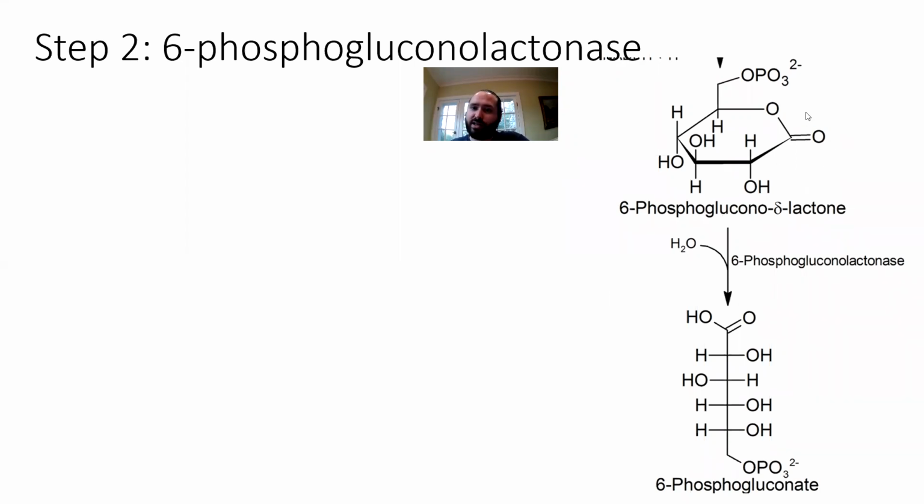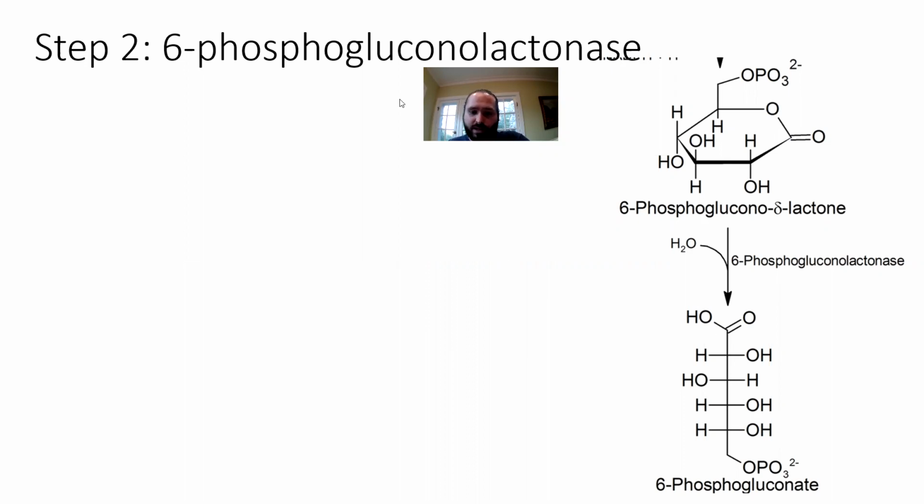So if we're hydrolyzing this ester, we should be able to find a carboxylic acid and an alcohol. So we have carbon 1, which should be right here, and here's our carboxylic acid. 1, 2, 3, 4, 5. Carbon 5 should now have an OH. So if you look, 1, 2, 3, 4, 5, carbon 5 is back to its OH.